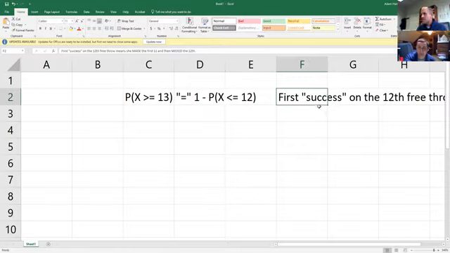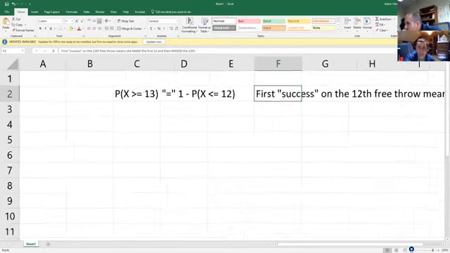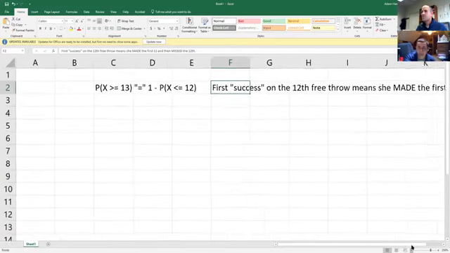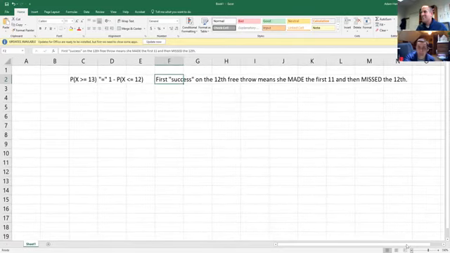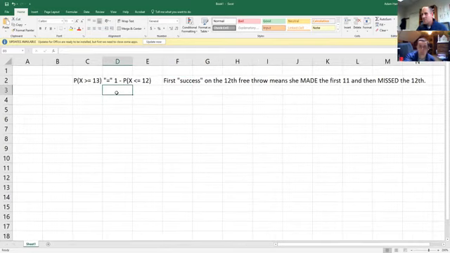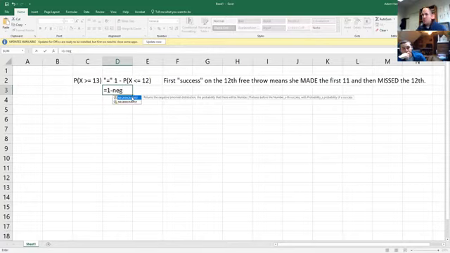All right. So we go equals 1 minus negative binomial. And what do we say?